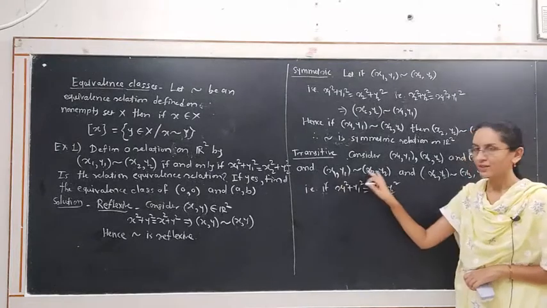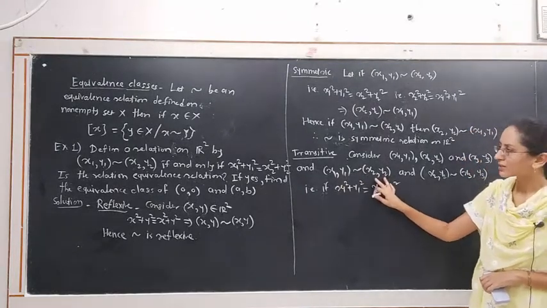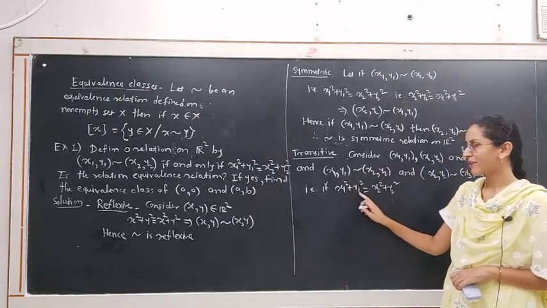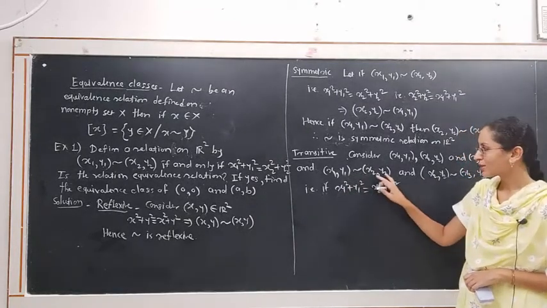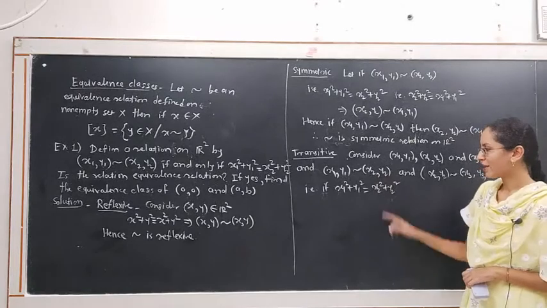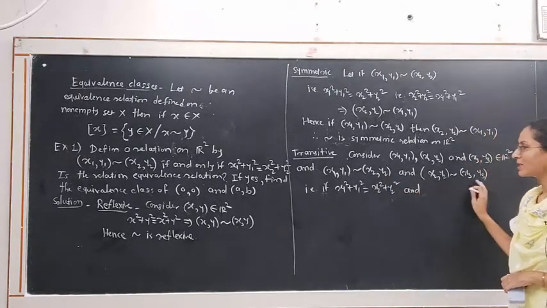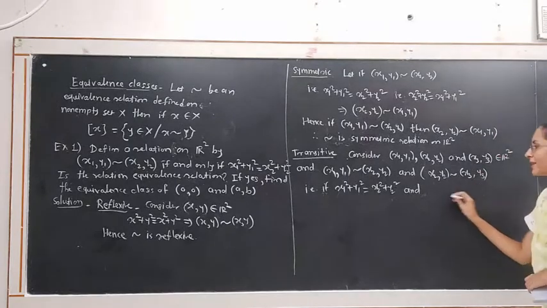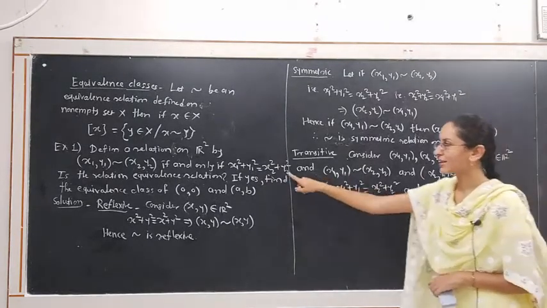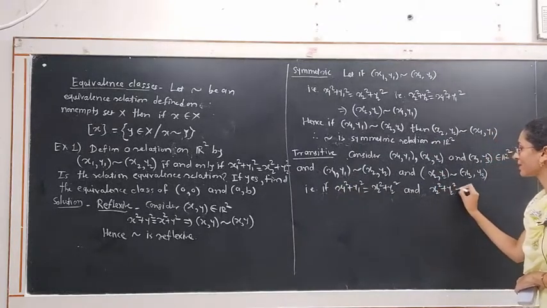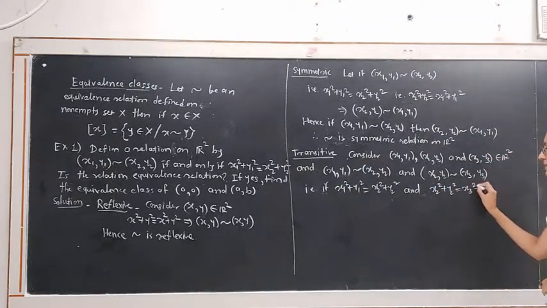The first element is related to the second if and only if the coordinates of the first point satisfy this condition, x1 square plus y1 square is equal to x2 square plus y2 square. And also these two elements are related, therefore their coordinates satisfy this condition, x2 square plus y2 square is equal to x3 square plus y3 square.